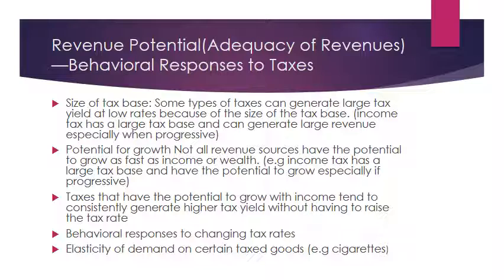So these are very important considerations when thinking about revising taxes or changing tax rates, or predicting how much revenue we can get from certain taxes at different tax rates.